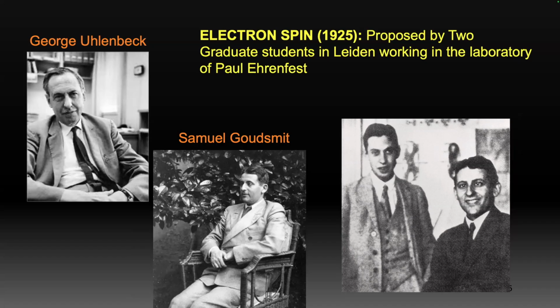We are a little bit past 2025, but you can talk about the century of spin because of these two graduate students. They wrote a paper without Ehrenfest's name on it, but there was a footnote to this paper, in German, by Ehrenfest, who says, "Oh yeah, well, I had some discussions with this guy or that guy about this idea, but these students had no idea about what I was discussing, and they came up with this idea by themselves." That was a footnote on that paper, which I thought was very interesting.